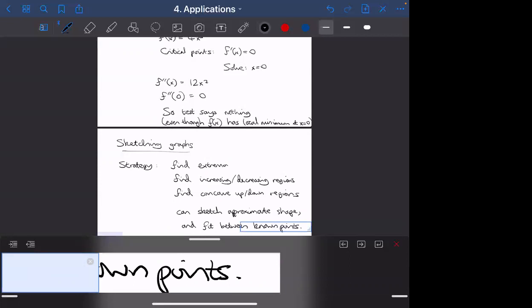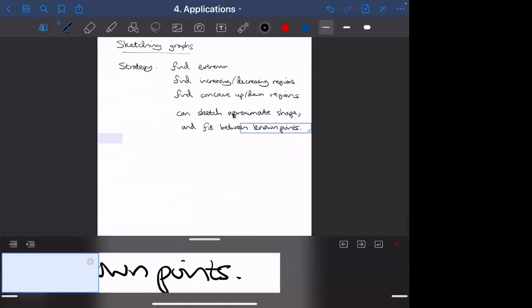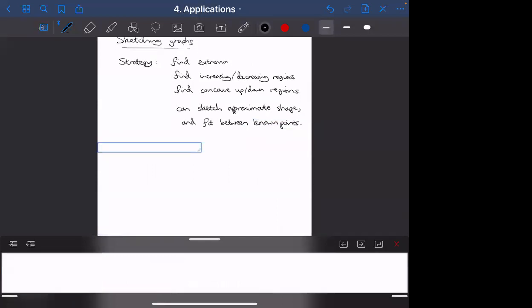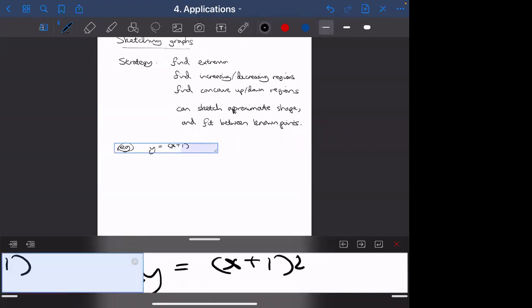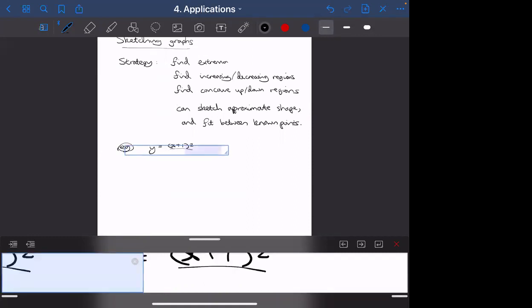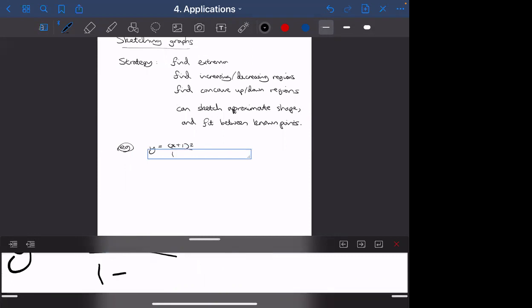So let's give an example. If I have y equals (x plus 1) squared over 1 plus x squared, then I start by seeking the critical points.